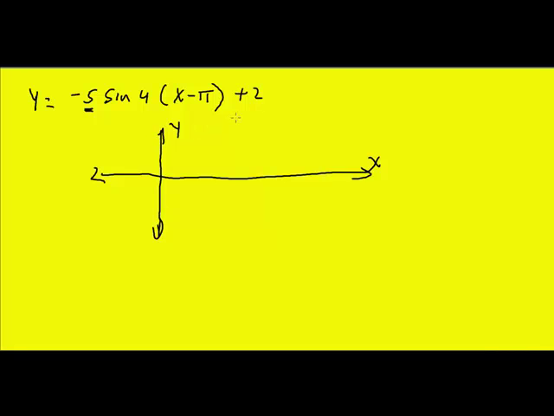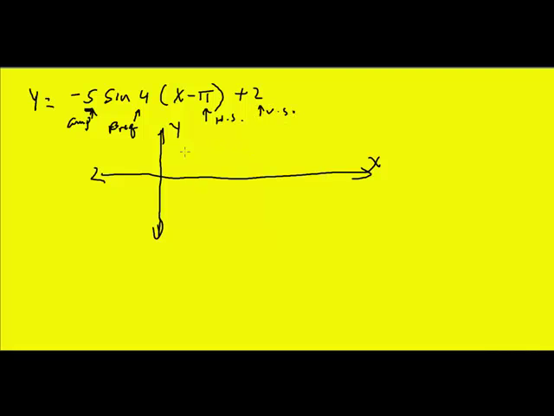Can't do that yet. Let's identify everything first. My amplitude is 5. My frequency is 4, my horizontal shift is pi to the right, and that's my vertical shift.